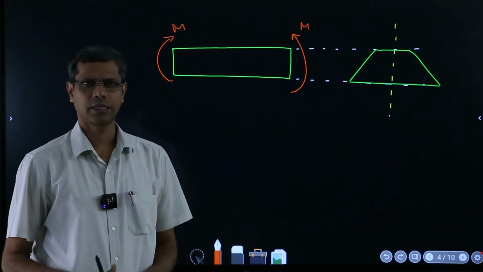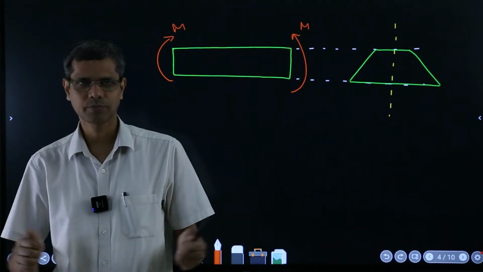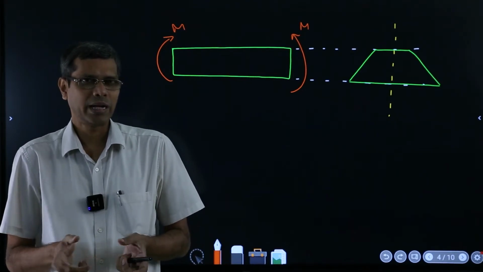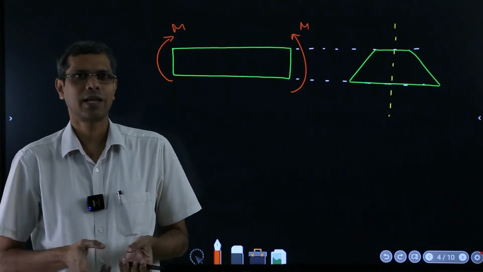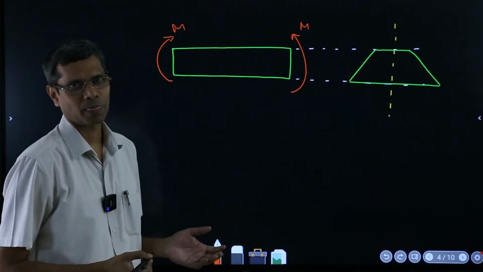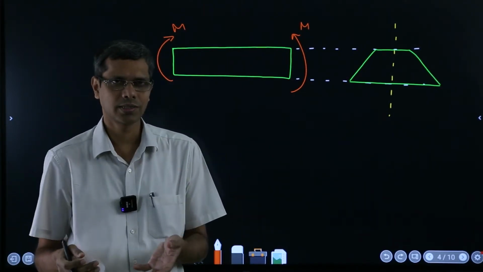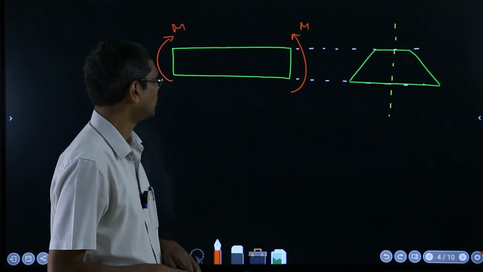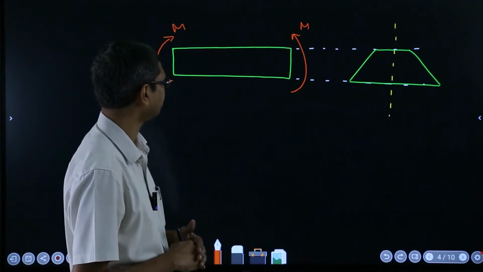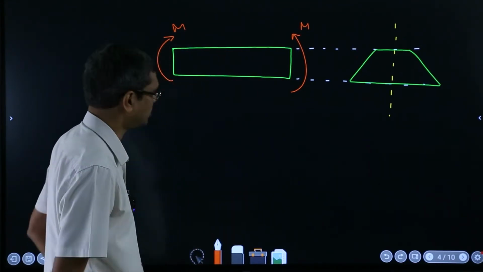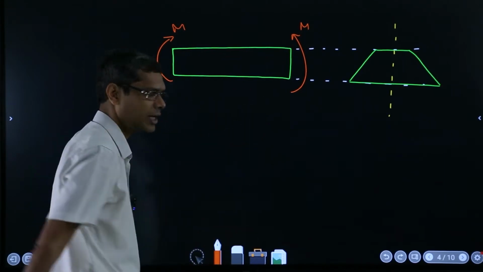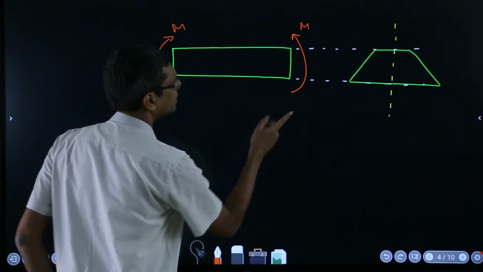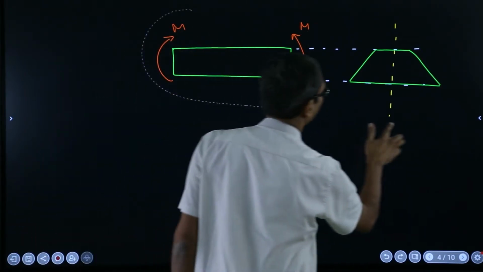Now, if the moment is same throughout, there is no reason why the amount of bending that will happen will differ, because everywhere the condition is same, so everywhere the bending must be same. And if that is so, then obviously we will safely assume that the deformed shape will be, I'll take these things a bit up, whatever space is available.